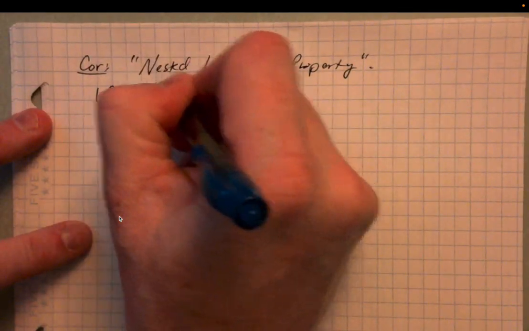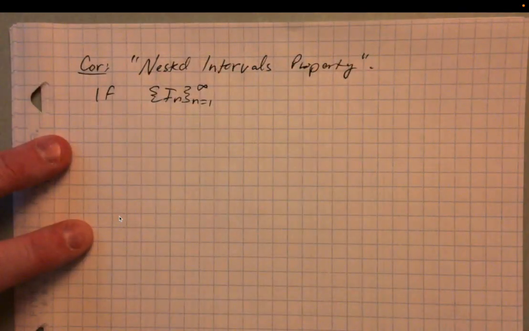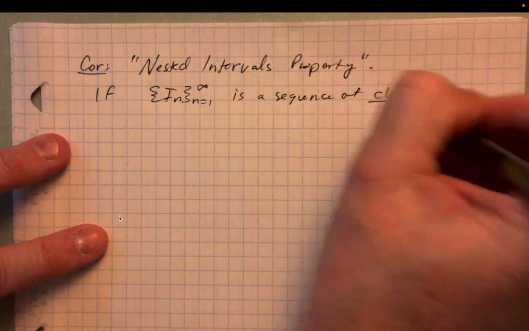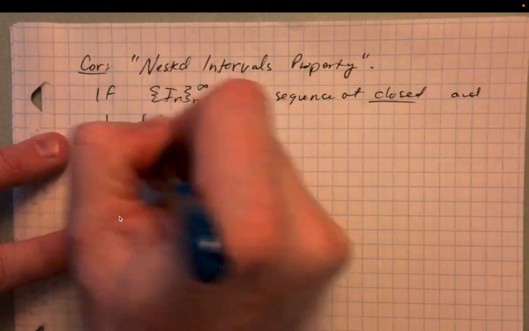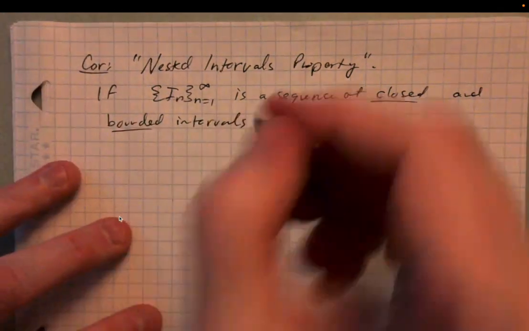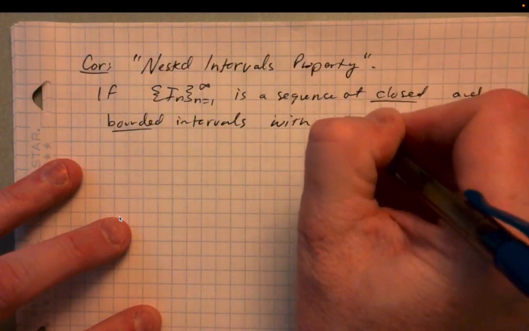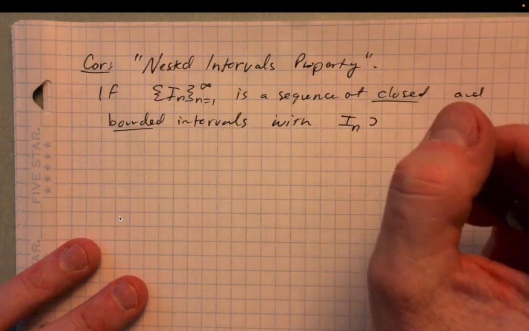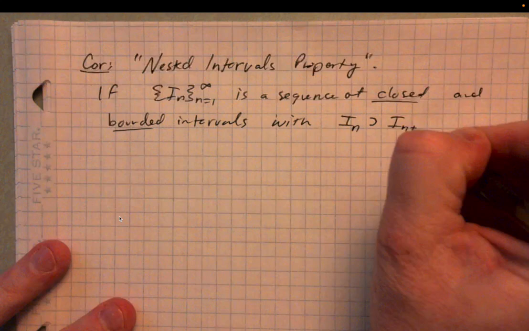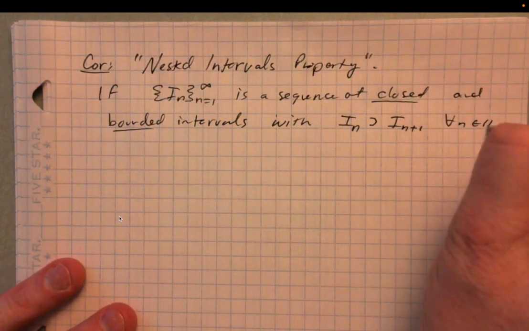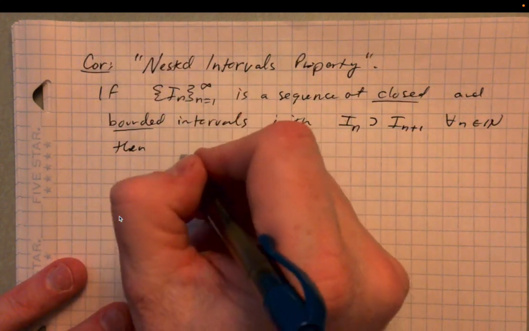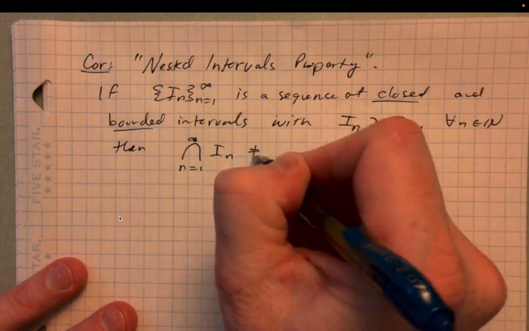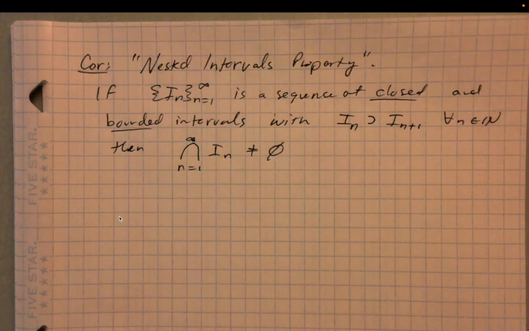If I sub n is a sequence of closed and bounded intervals, with I sub n, the nth interval, having as a subset the n plus 1 interval, and this is true for all n, then the intersection of these intervals is non-empty.